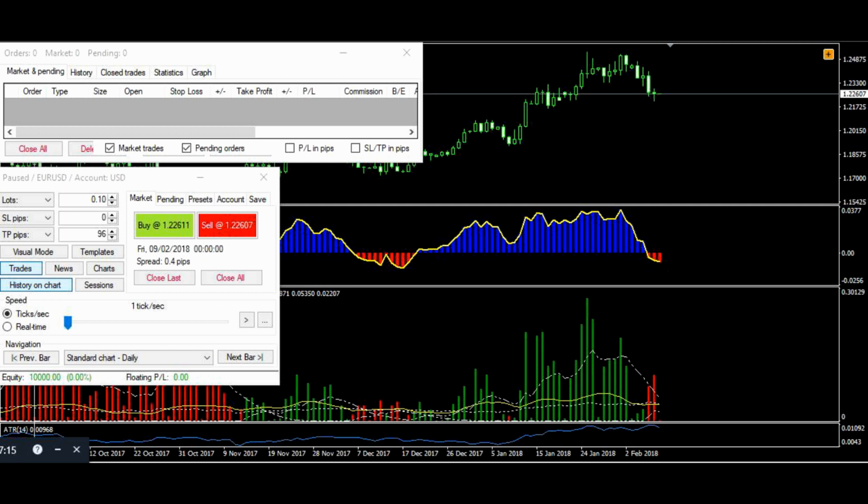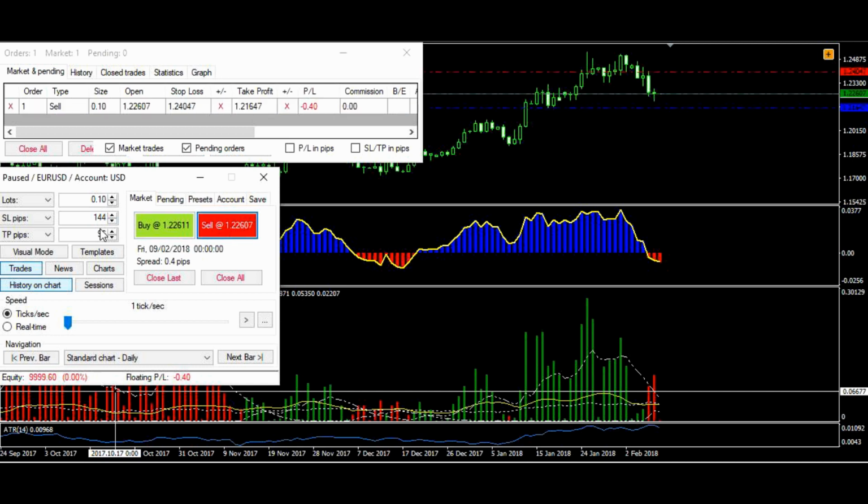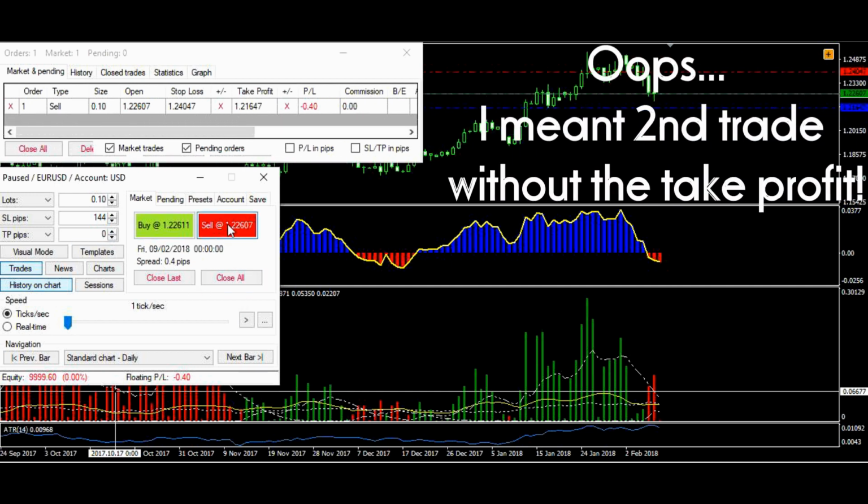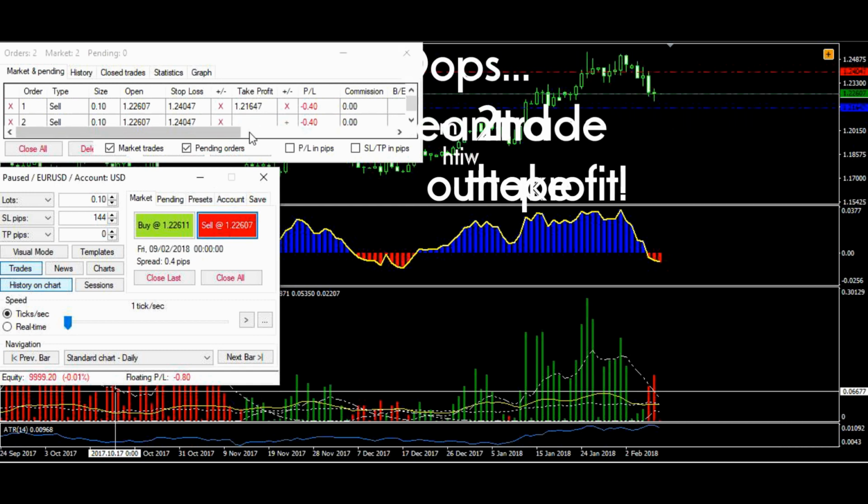So according to my cheat sheet here, I see that 96 pips for an ATR equals 144 for our stop loss. So I put that in. So I am going to sell one at that, and then I'm going to take the stop loss off of the second one, okay, and sell again. So now I have my 2 trades on.